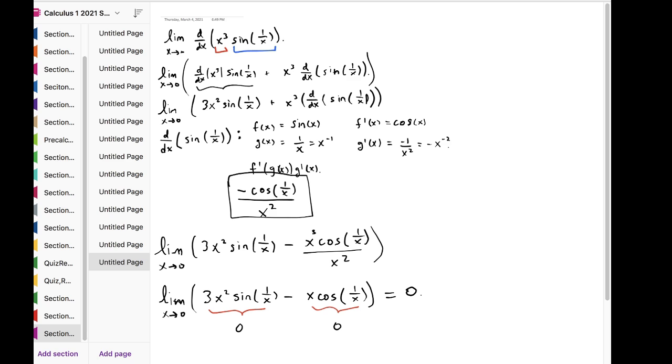Actually, I probably should have done the derivative. Yeah, so this is the derivative, which who knows what is going on at 0. That's a lot of oscillation going on.